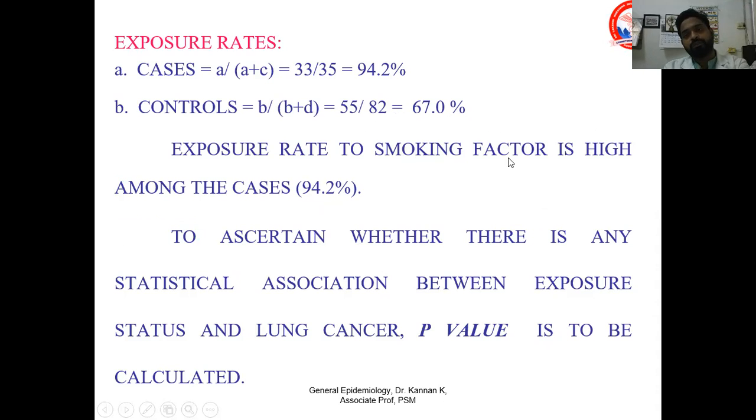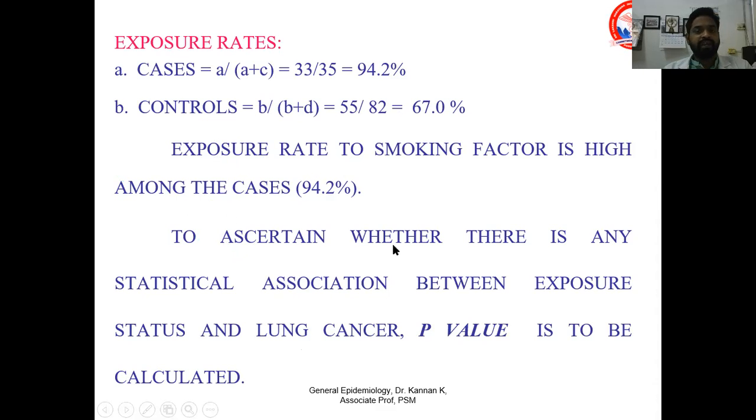So the exposure rate to the smoking factor is high among the cases, that is 94.2%. Here you can see for cases 94.2 and for controls 67%. To ascertain whether there is any statistical association between exposure status and lung cancer, the p-value is to be calculated. This is the relationship we are going to find out: what is the relationship between the exposure and the outcome?